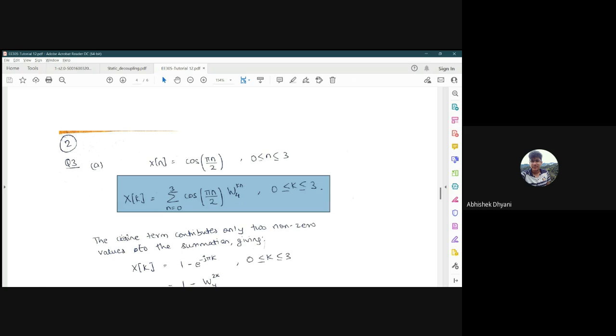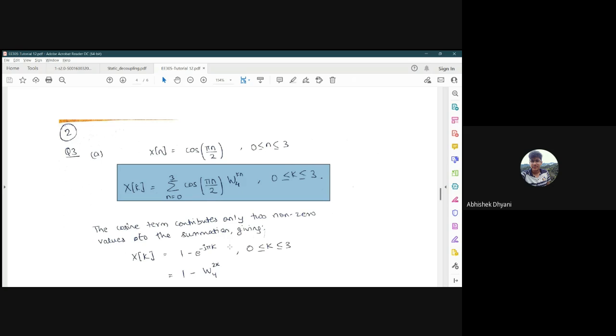So that means that the cosine term contributes only two non-zero values to the summation. And so that's why I can write this as, first of all, when we have cos 0, this will be 1, and this will be n equal to 0, which will also be 1. So we have 1, and then the second term will be for n equal to 2, this will be minus 1, so a negative sign, and this will be e raised to the power minus j pi k, right?